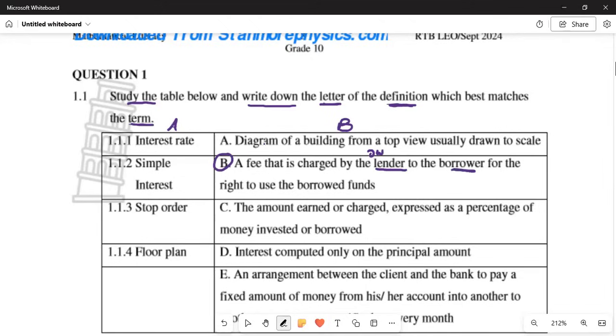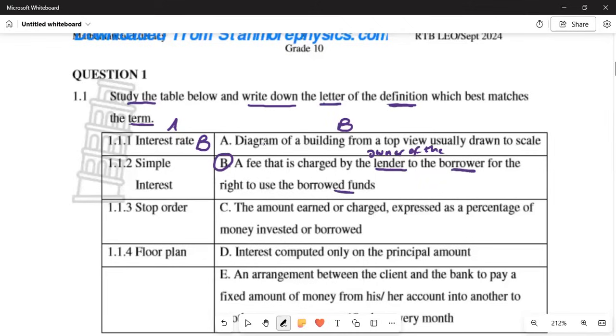The borrower is the person borrowing the money, with a right to use the borrowed funds. Then the interest rate, therefore, is number B.